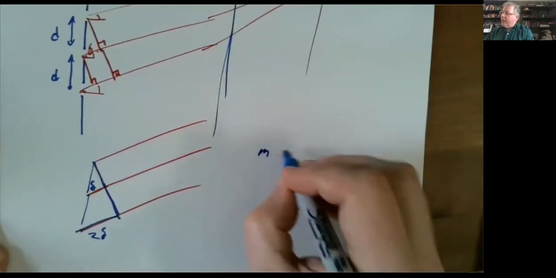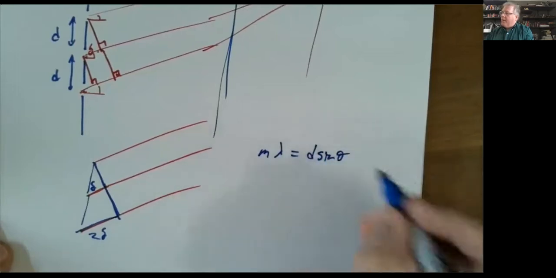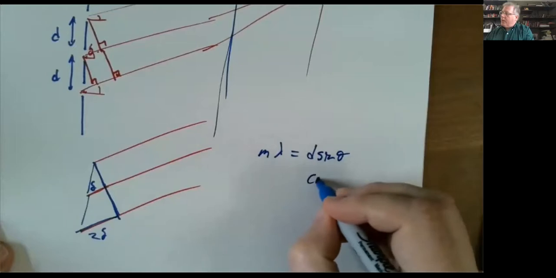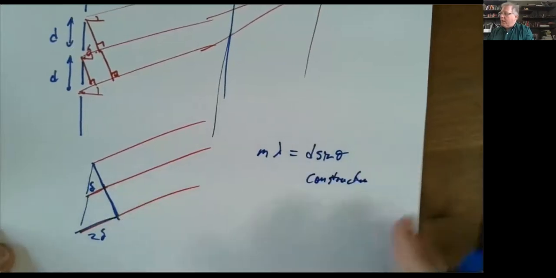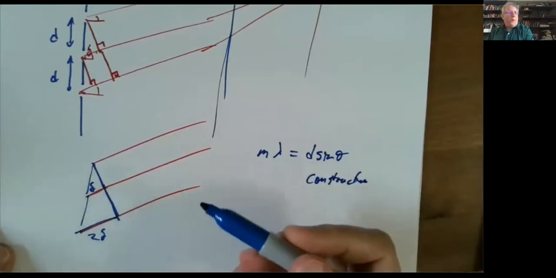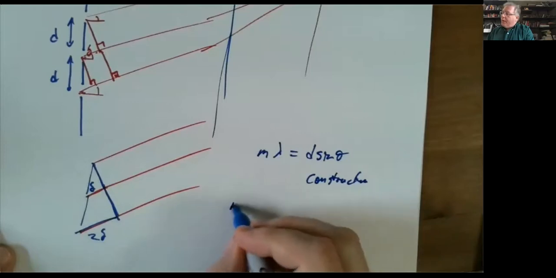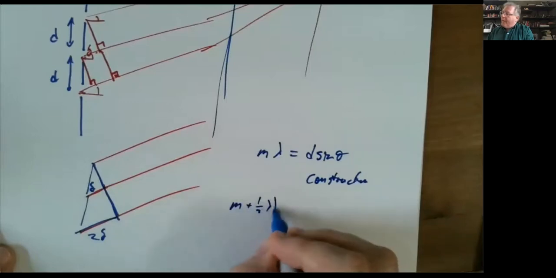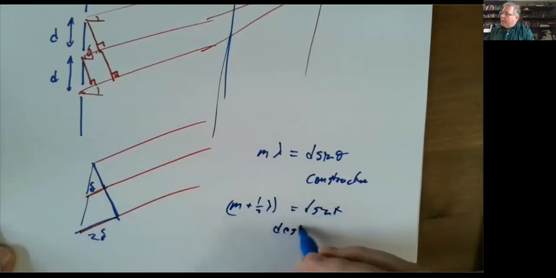So m lambda equals d sine theta will still be constructive, because these will all be the right length still, so they'll all create a constructive spot. You'll also find that if I have m plus 1/2 lambda, this is still destructive.